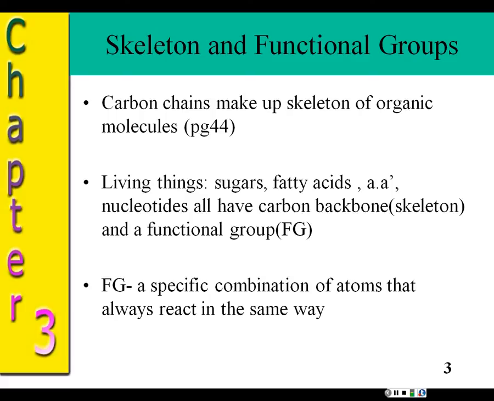So we got an amino group, so it's an NH2 group. So we got an H and we got an H. Here's the end of the molecule. Or we can flip that around and go that way.